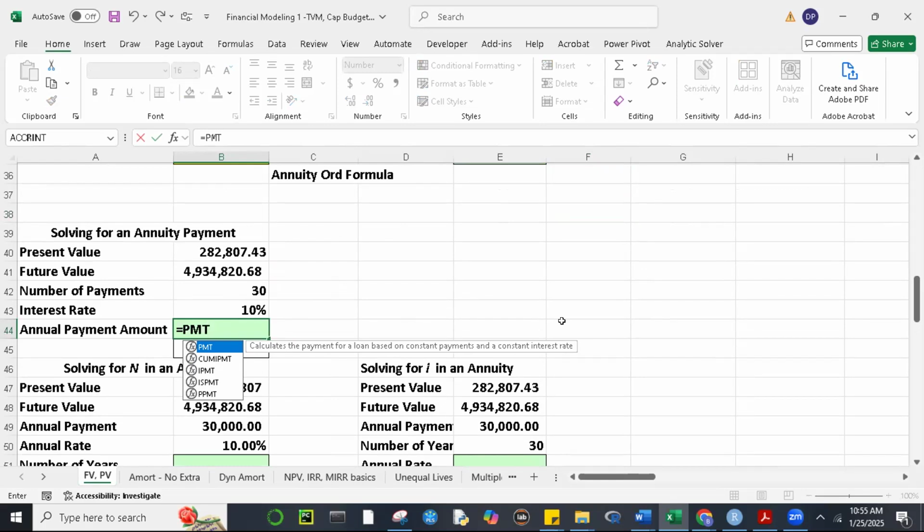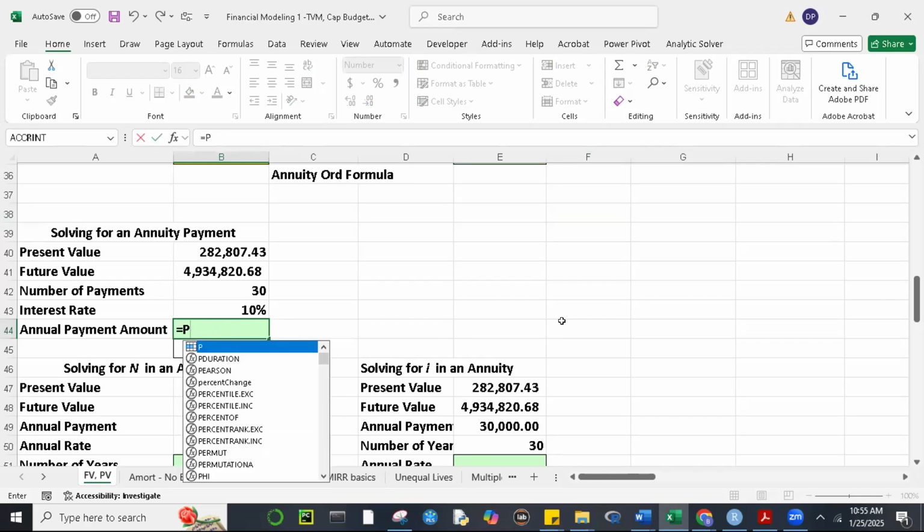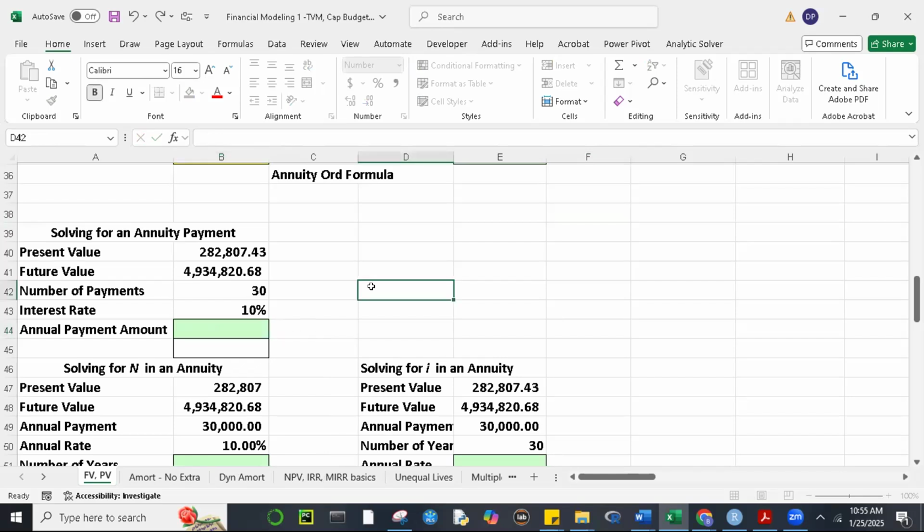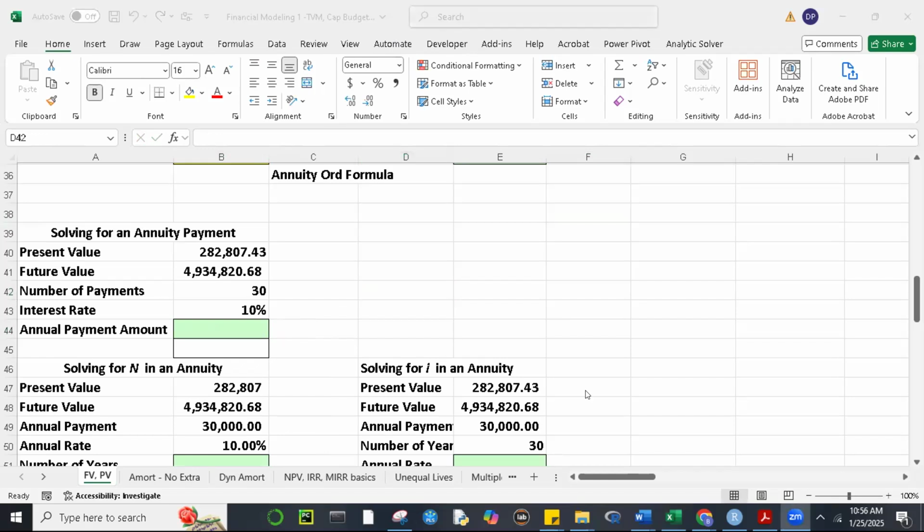I'll give you 1 minute to solve this, class. It's equal to PMT. So you should identify the rate, the NPER, PV, FV, and the type. Go ahead, please. 1 minute to solve this and tell me if you got 30,000 or not, class. Yes or no. It's okay if you don't get it.